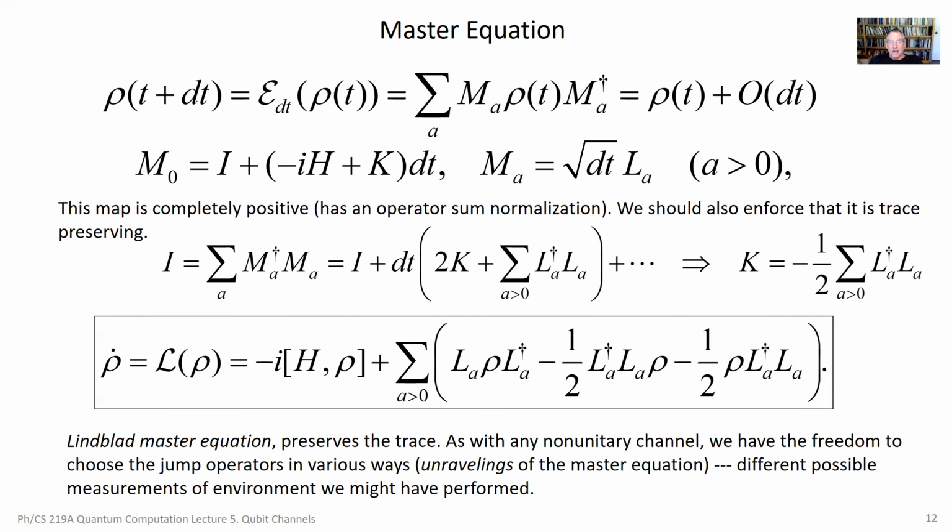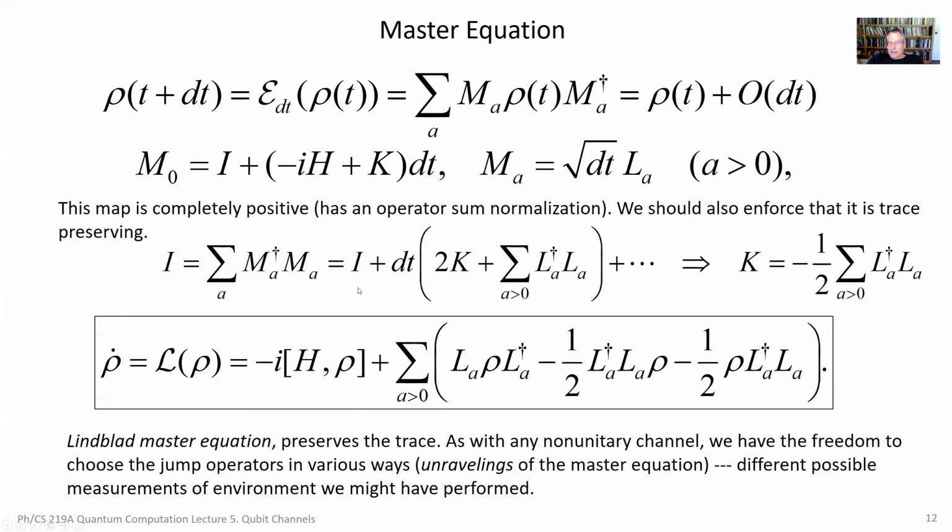operator sum representation has to obey the usual normalization requirements so that the trace of rho of t plus dt will be equal to the trace of rho of t. We don't want the trace to change with time. So that means the identity is equal to the sum of M_a adjoint M_a.